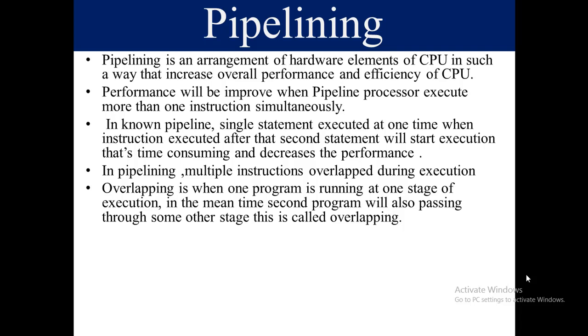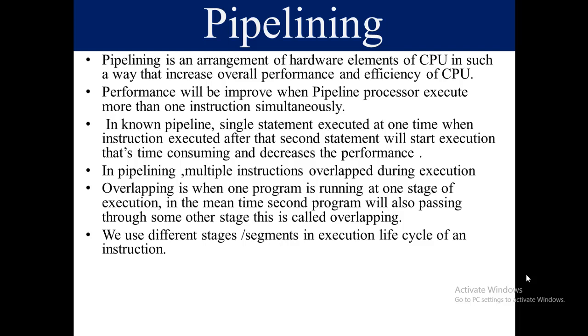If instruction 1 is at the third stage, the second instruction would be at the second stage, and maybe the third instruction would be in the first stage. So multiple instructions are executing at the same time. Obviously this saves not only time but also money.